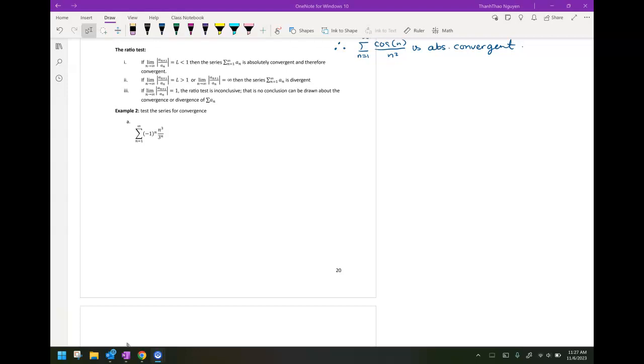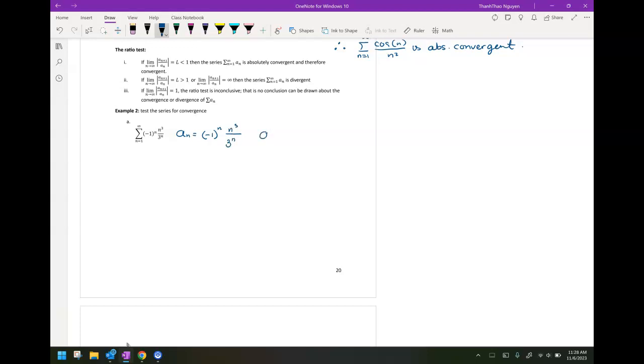So let's test the series for convergence. Here we are given the series of -1 to the n times n to the third divided by 3 to the n. Okay. So here we can see that a sub n is equal to -1 to the n times n to the third divided by 3 to the n.